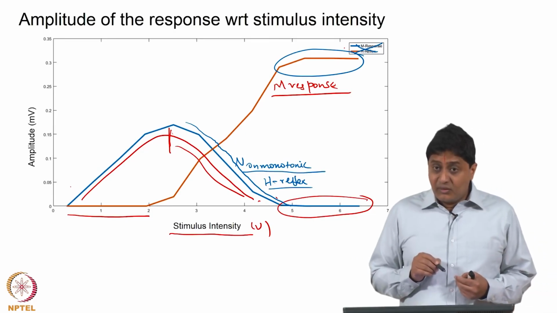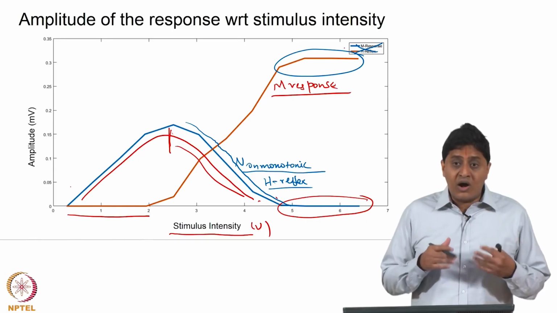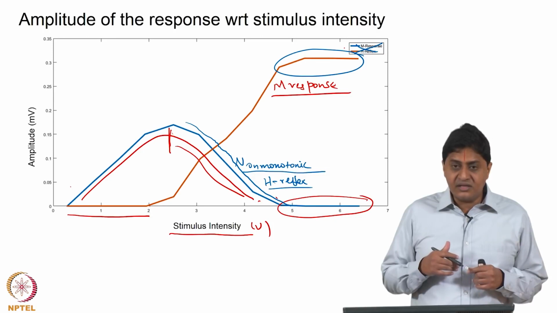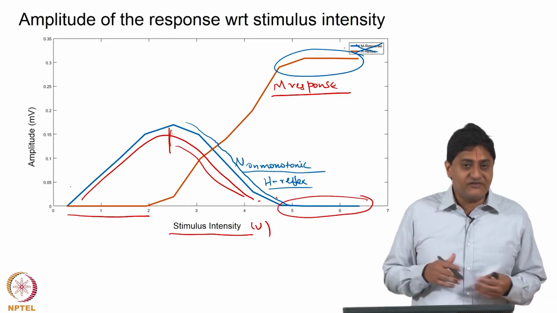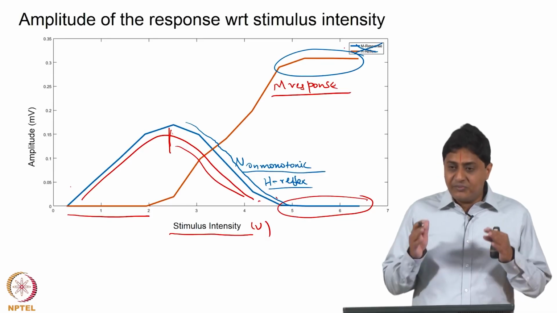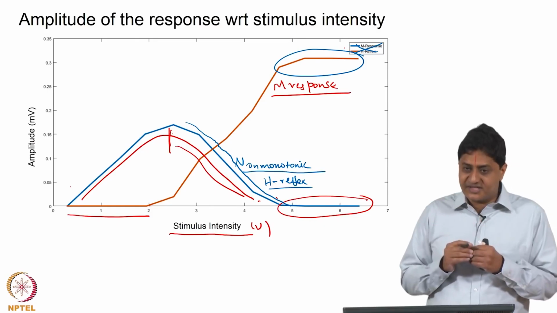Why does this happen? Because at some point I have recruited practically all the alpha motor neurons. I cannot increase the alpha motor neuronal response anymore. I have recruited everybody, all of them are firing. The only thing that I can do after that is keep reducing the time between the stimuli, for example.